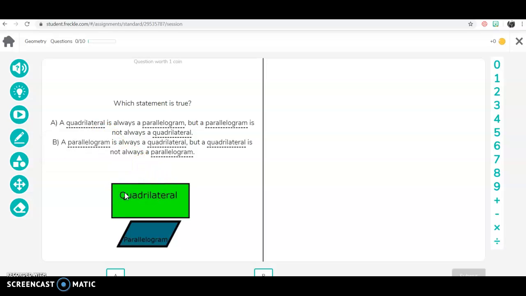Okay, so we have those sides that are the same, and those sides are the same. So we have 2 sets of parallel lines. Here we have the same line. I'd like to change the color, but it won't let me.